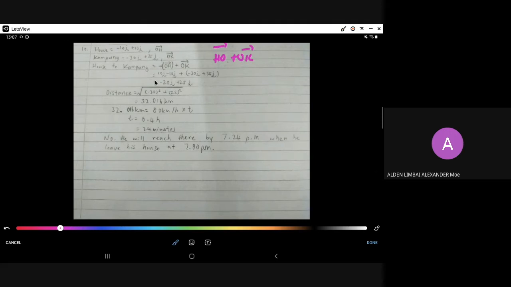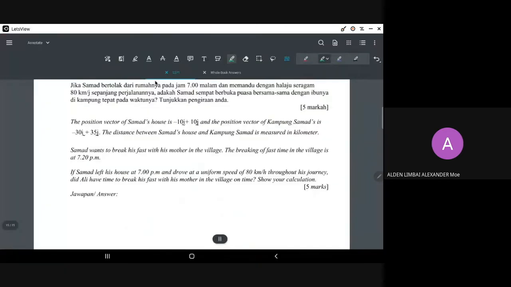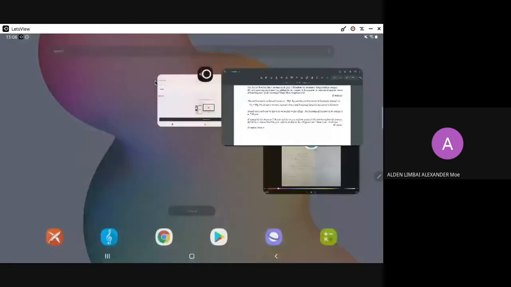And then suddenly got physics formula. Distance equals speed times time. 32.016 equals 80 kilometers, which is how fast he went from his house to the kampung, times the time. Then you kira-kira, you get 0.4 hours, which is 24 minutes.